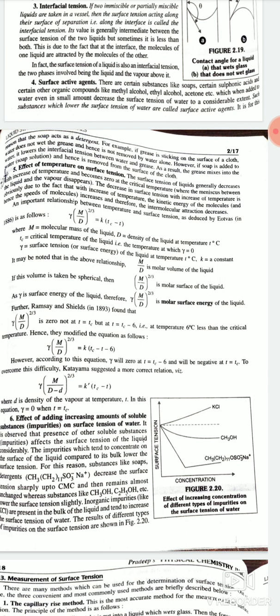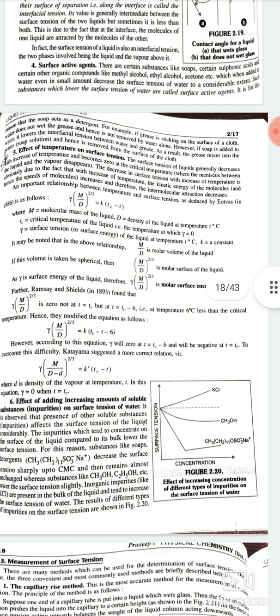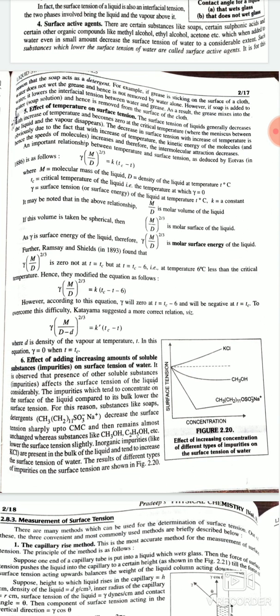For this reason, substances like soap and detergents, such as CH3(CH2)11SO3⁻Na⁺, decrease the surface tension sharply up to the CMC and then it remains almost unchanged, whereas substances like CH3OH, C2H5OH, etc. lower the surface tension slightly. Inorganic impurities like KCl are present in the bulk of the liquid and tend to increase the surface tension of water. The effects of different types of impurities on the surface tension are shown.